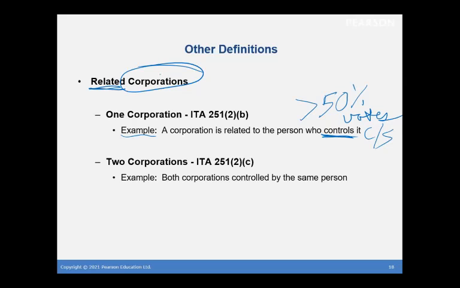Also, two corporations can be related to each other if they are controlled by the same person. So I have two corporations. They would be related to each other if I controlled them both. So, related individuals, related corporations.